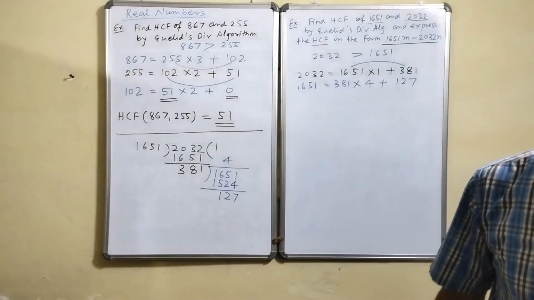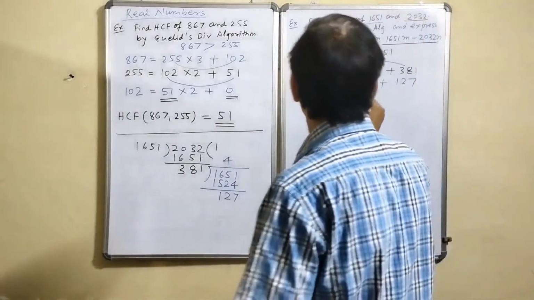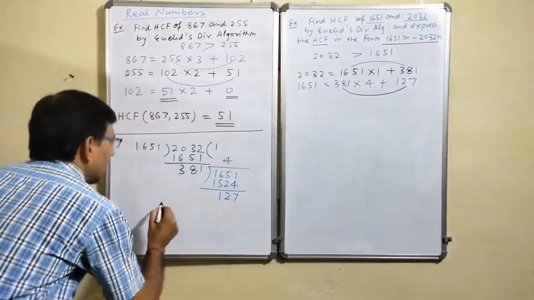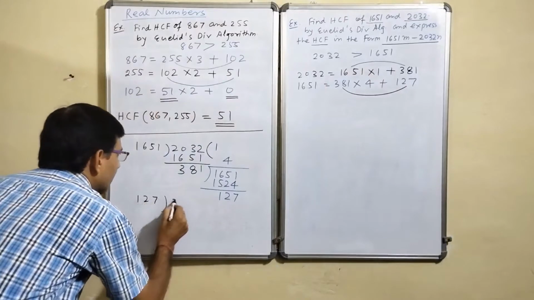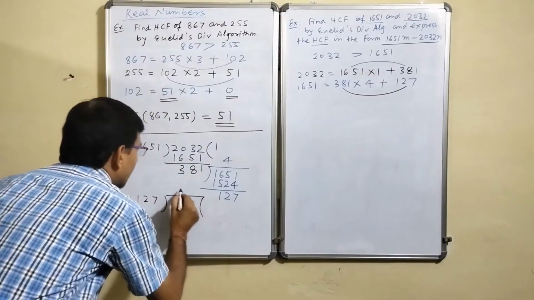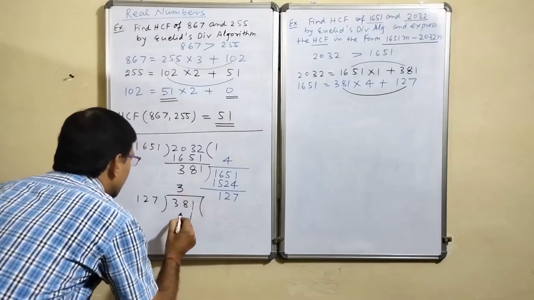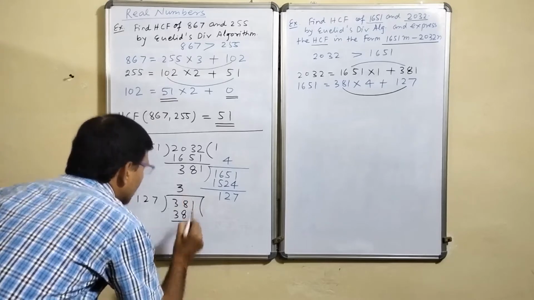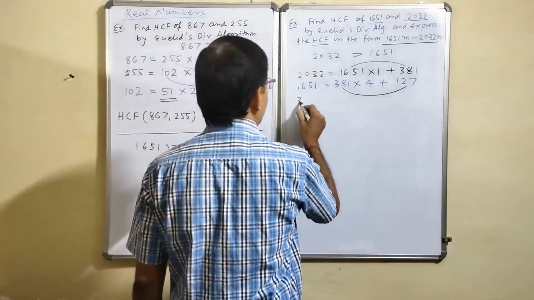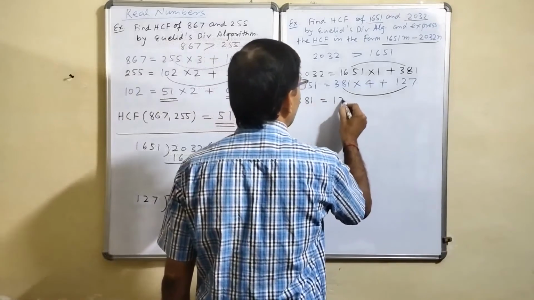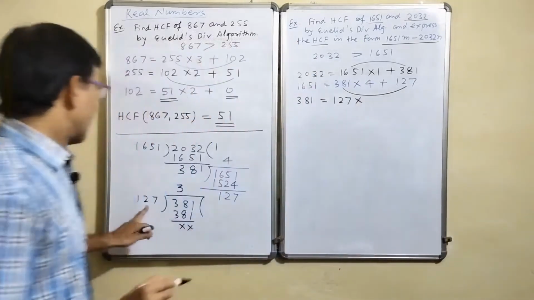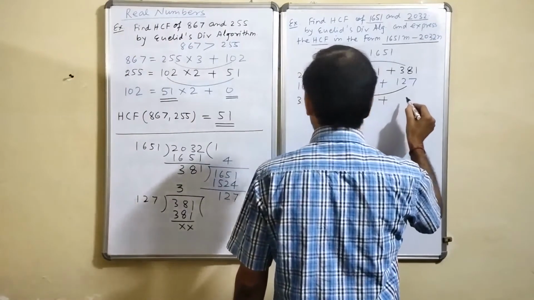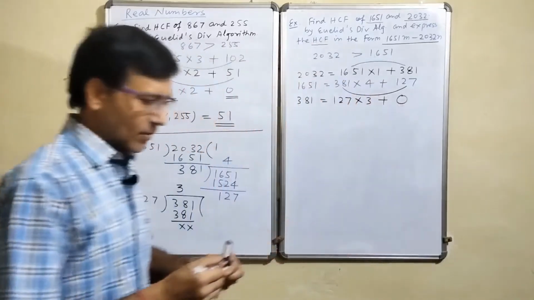So we have to apply once again division lemma between 381 and 127. 127 into 381 is 3 times. Now remainder is 0. So 381 is equal to 127 multiplied by the quotient 3 plus remainder 0.